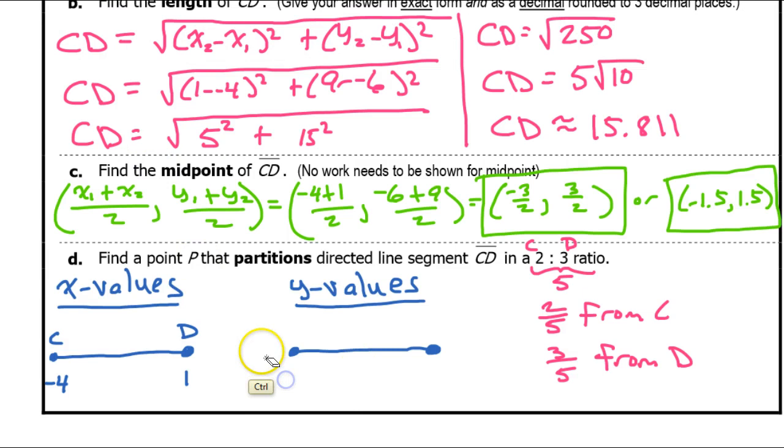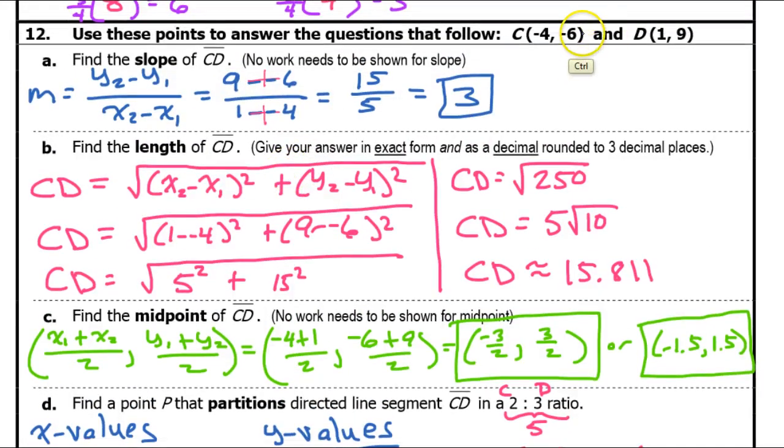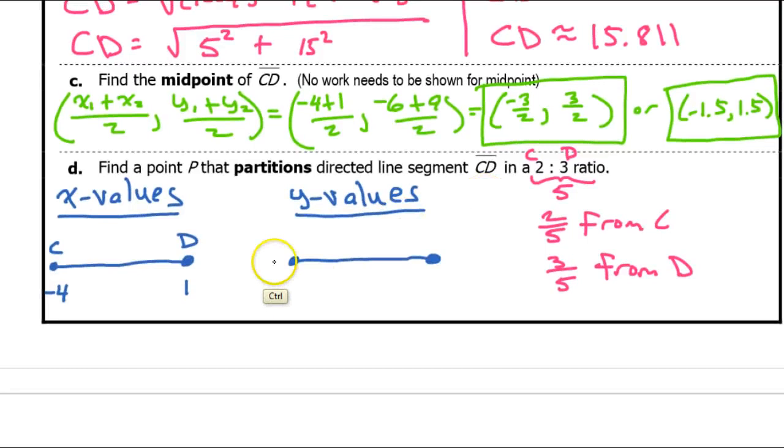So -4 and 1, that was point C and point D. Okay, now the y values were -6 and 9. So -6 and 9 are the y values, and again, that was point C and point D.